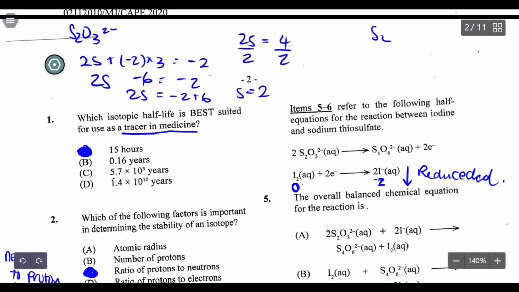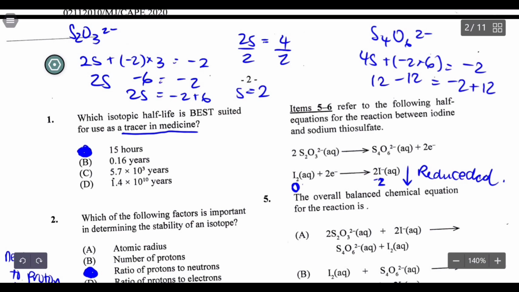Now in the S4O6 2 minus ion, what you would see is 4S plus minus 2 times 6, which would give you minus 12, being equal to minus 2. And let's just do that. I'm doing a lot of shorthand work.